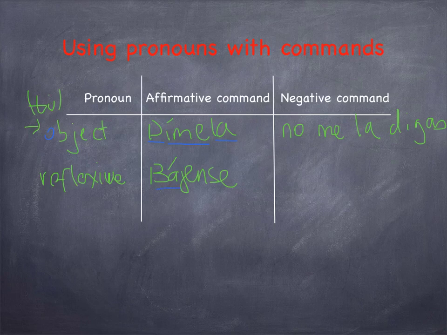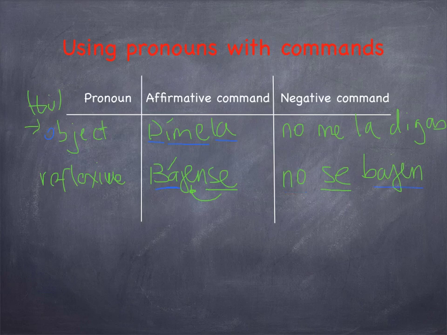Notice the accent on the A, and the reflexive pronoun becomes one word with the verb. And then the negative form would be no se bajen. Okay? So se is the pronoun and goes in between the no and the verb.